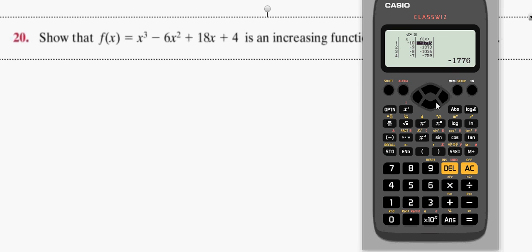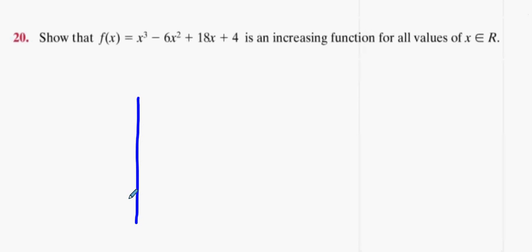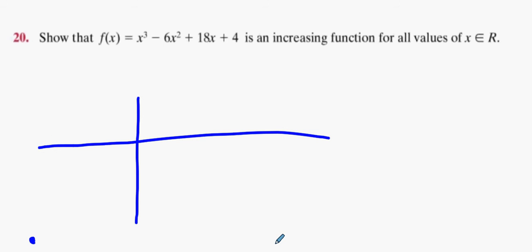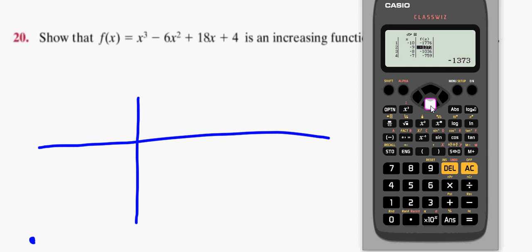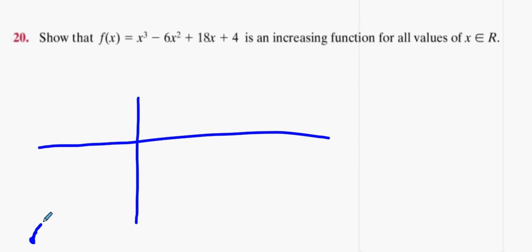See, the y value is really, really negative. So the y value is really far down. And what happens is it keeps going upwards. And it crosses at 0, 4. So it comes up and it crosses at 0, 4.